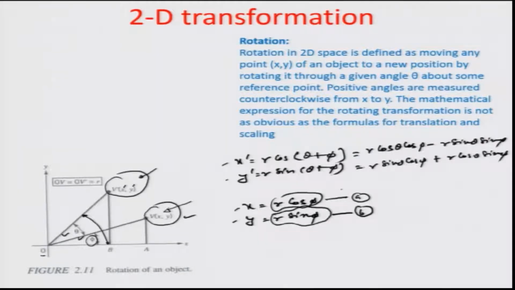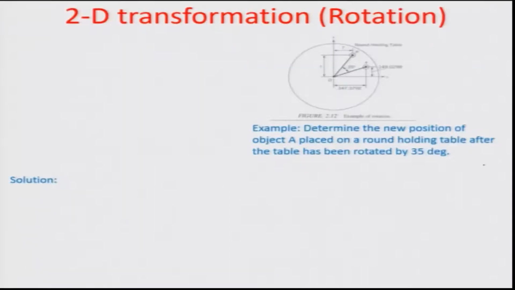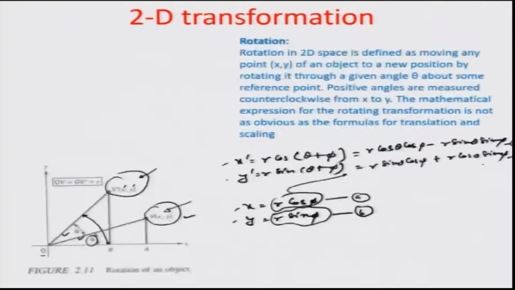So, if I substitute these values back into these two equations which we formulated, let us call them 1 and 2, the whole expression could then be written down as x dash equals x times cos theta minus y times sin theta, and y dash equals x times sin theta plus y times cos theta.